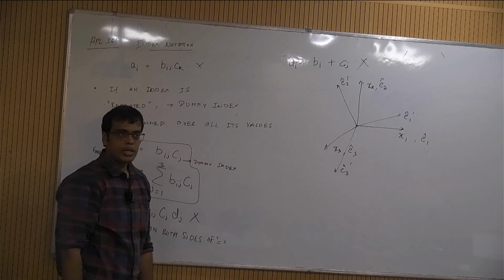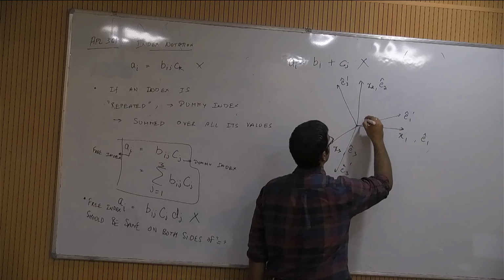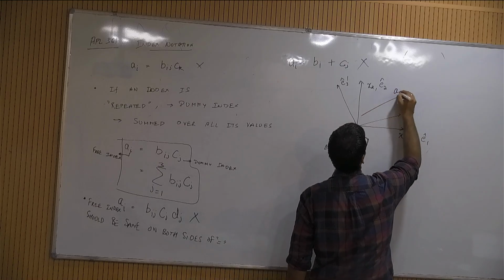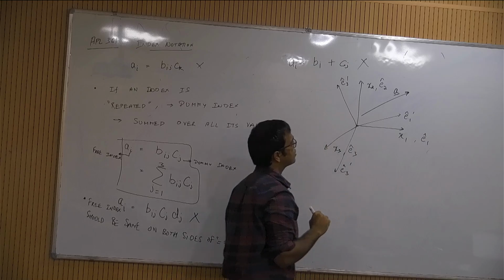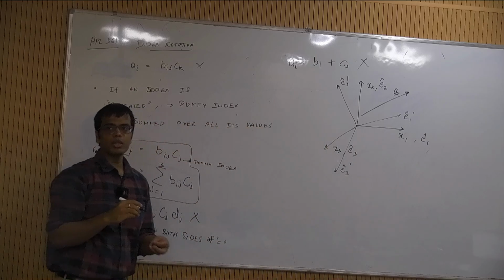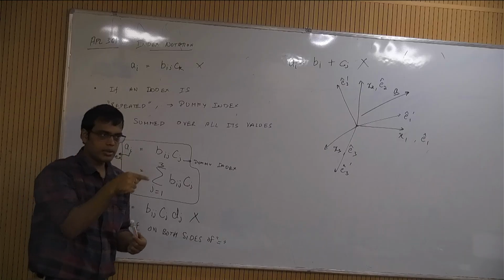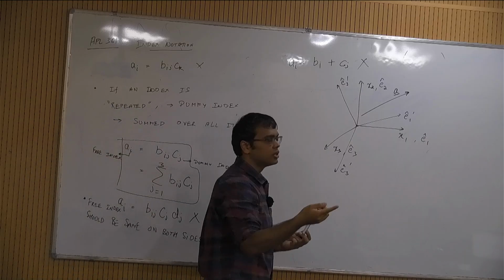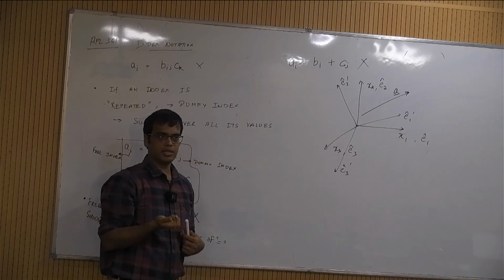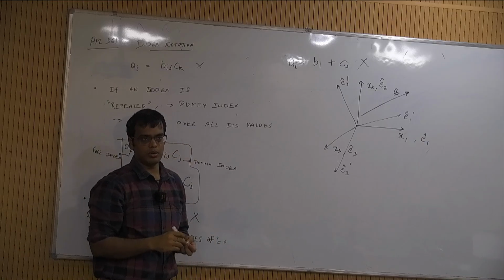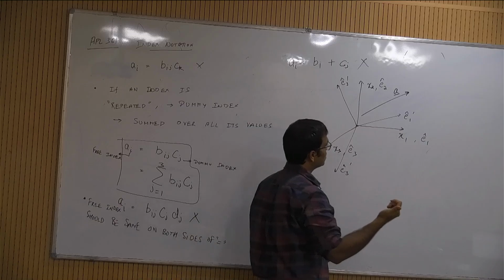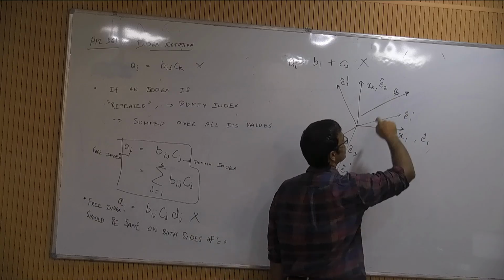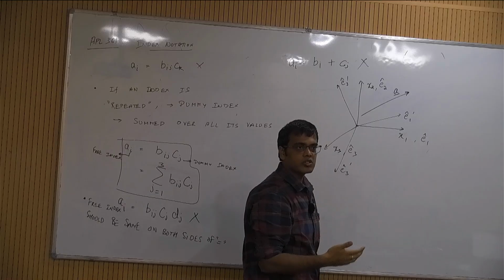Let us say there is a vector that I define, let us call that vector A. Throughout this course I am going to denote the vectors with an underline like this. In the notes that I am uploading you will find them as bold faced small letters.